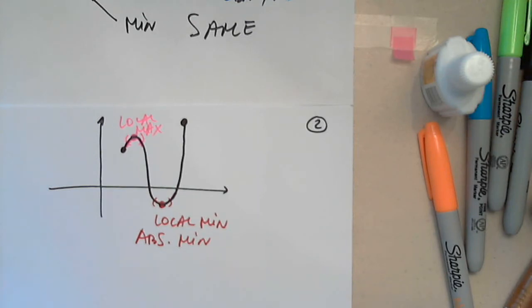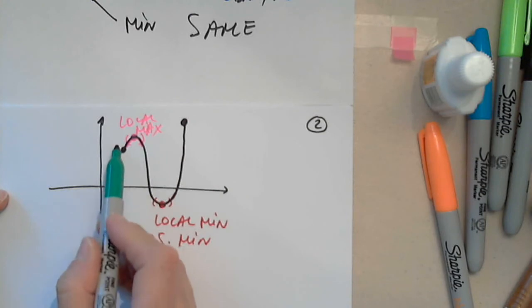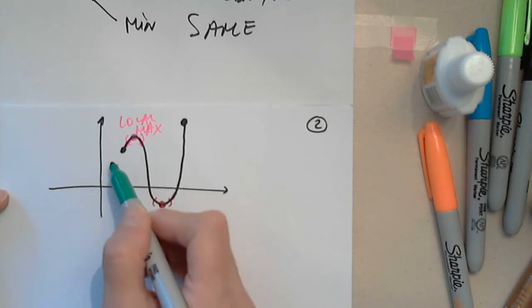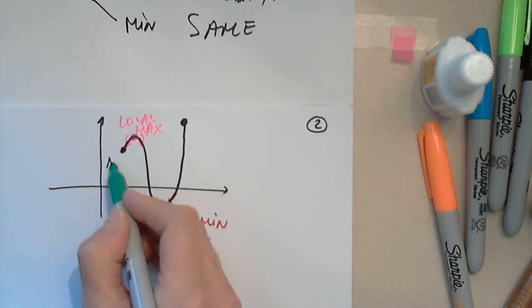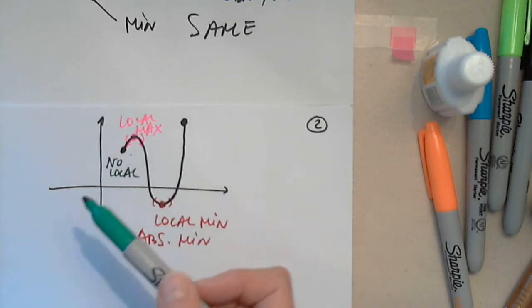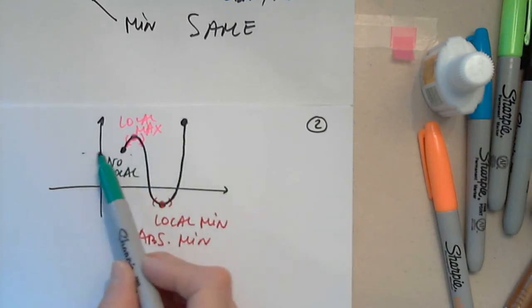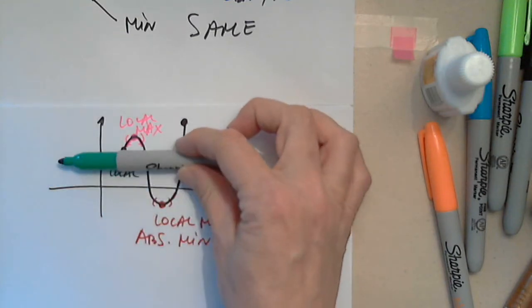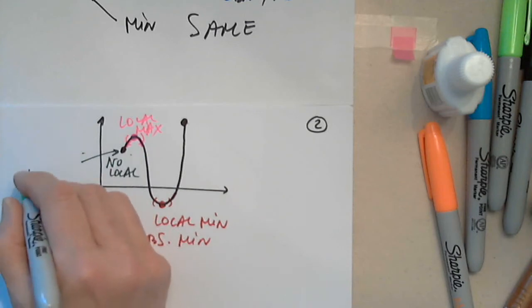Now let's go back to these two endpoints. This cannot be local because the function does not exist on this side. No local ever at the endpoints. But can it be an absolute? No, because this value is not the minimum of the function, is not the maximum of the function. So this point is nothing.